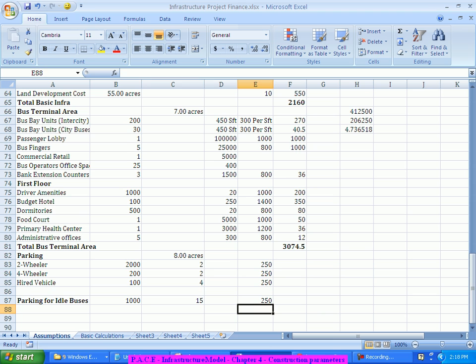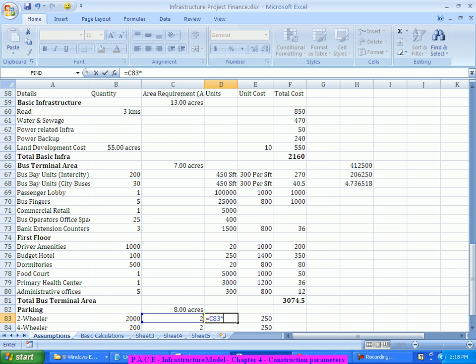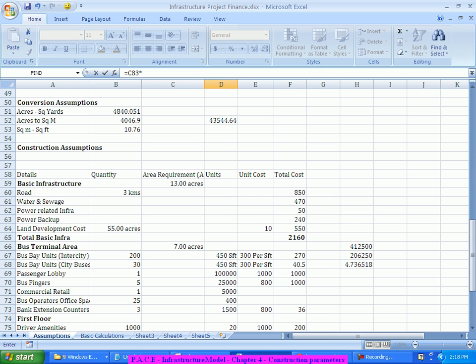Now these are in acres, whereas the cost is in SFT. So I also convert the acres into SFT, where we have already used the formula. I multiply this number with the acres into SFT conversion.